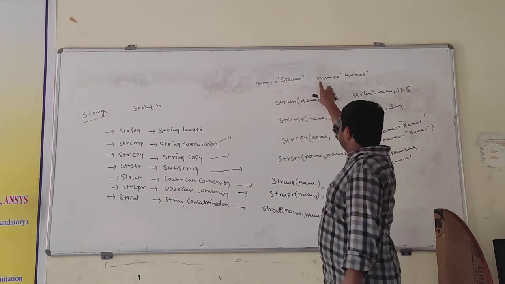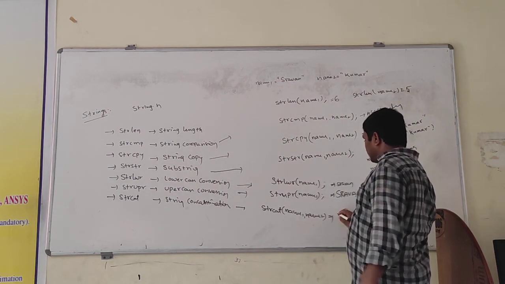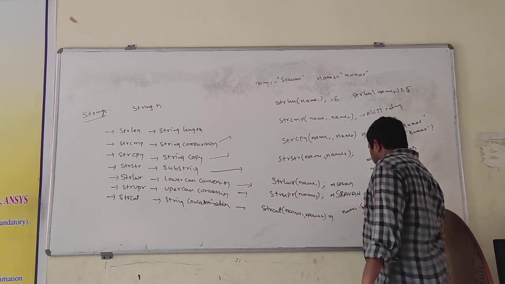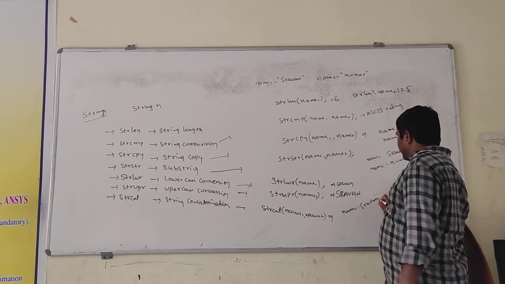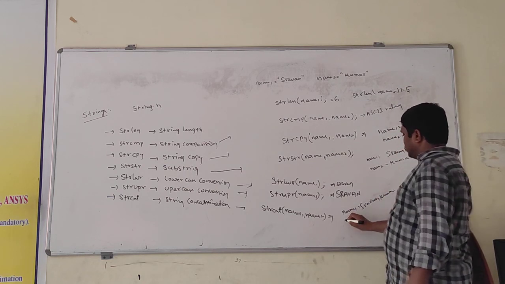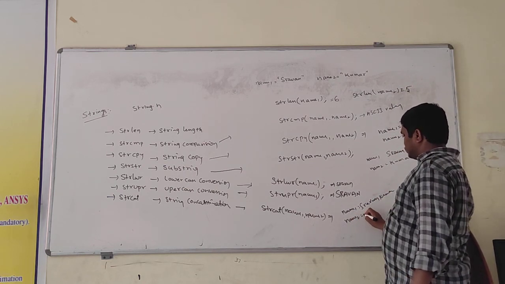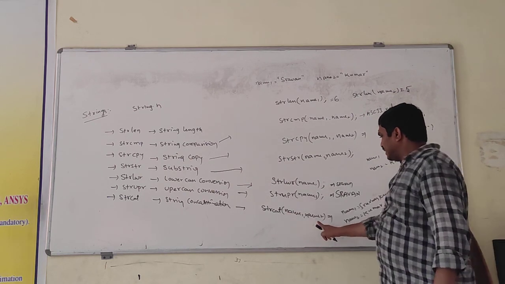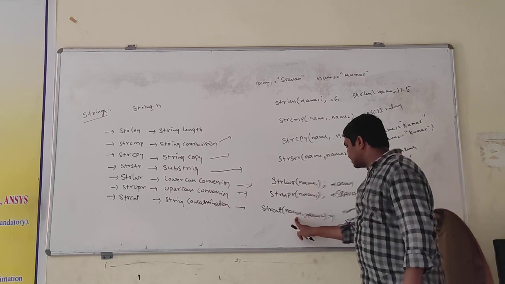Then here name 1 is Shravan and name 2 is Kumar. Then name 1 contains these two concatenated, Shravan Kumar. Name 2 is not changed, Kumar. Okay. So in the string concatenation, the second string is added to the first string.